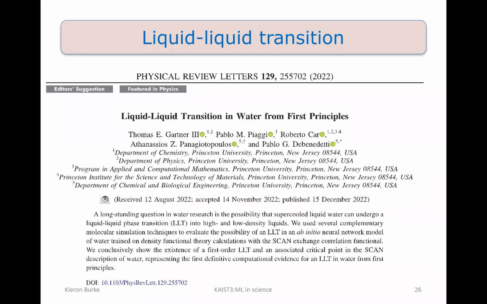And an application of this, I just saw this, it was from last year, where they claim from first principles, meaning DFT calculation, they see a liquid-liquid phase transition in supercooled water, and they can only do this because they're using this technology, so they can do huge simulations far beyond what you could do with DFT, because you have to see the phase transition occur.